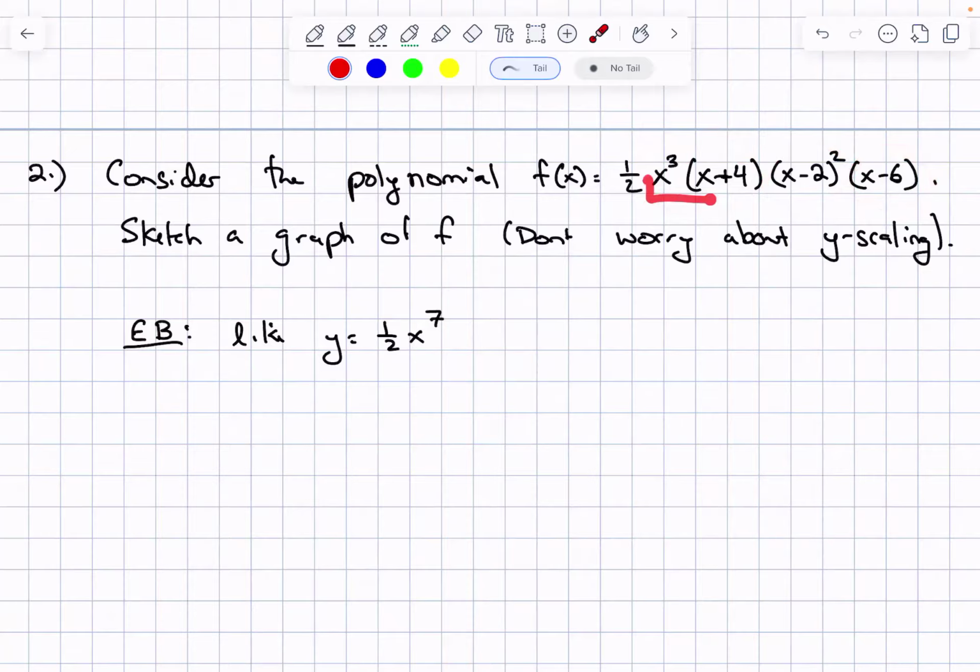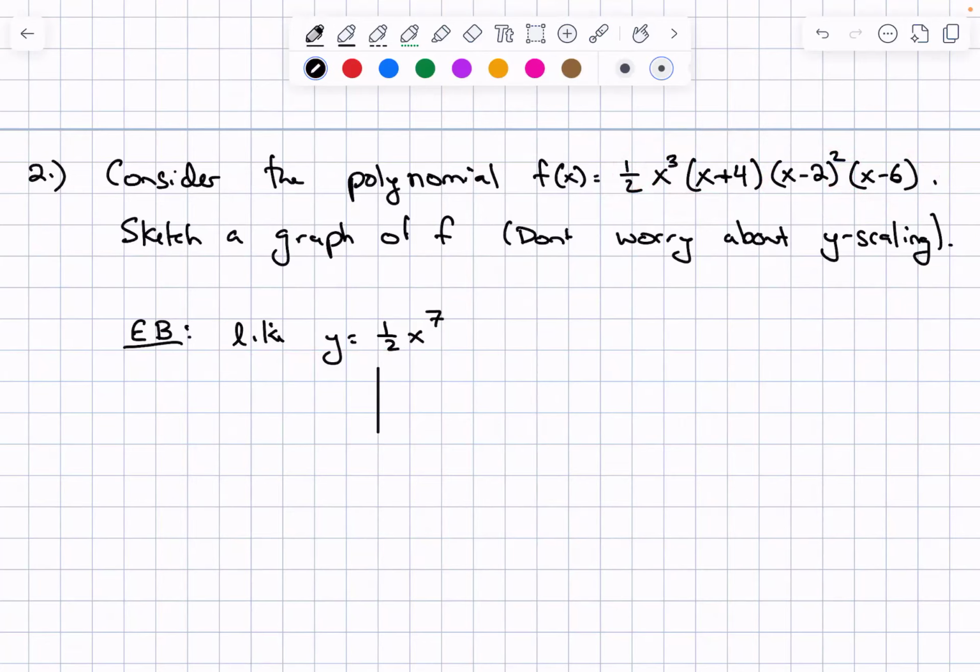When I combine all of this without the 1/2, it'll be x to the sixth plus a bunch of lower degree terms, and then I'll multiply that by x minus 6, and that'll give me x to the seventh plus a bunch of lower degree terms, which don't matter for end behavior. Last but not least, I'll multiply by the 1/2, and that's why it has end behavior like this.